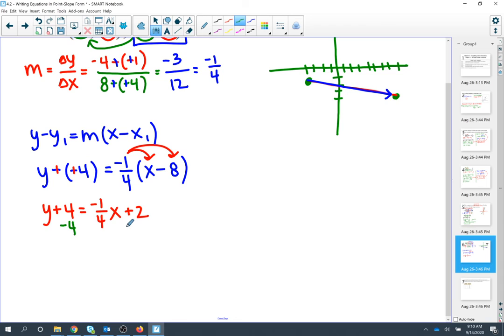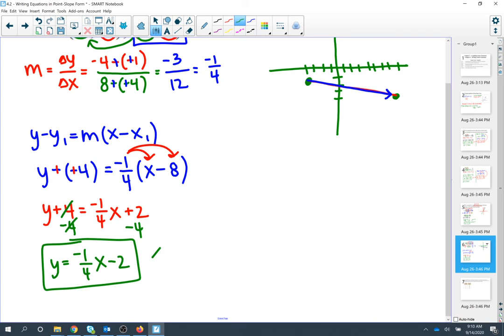Subtract 4. So y equals -1/4 x minus 2. And then from here, I know that my slope is -1/4. I know that my y-intercept is -2.